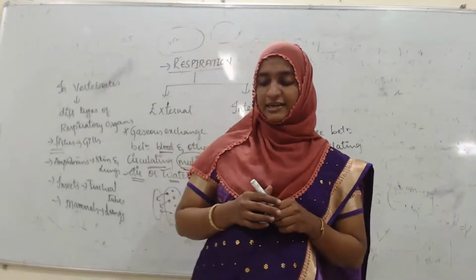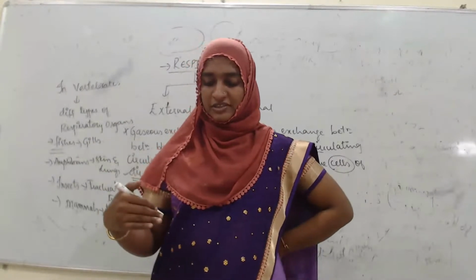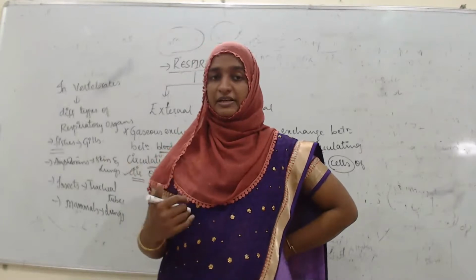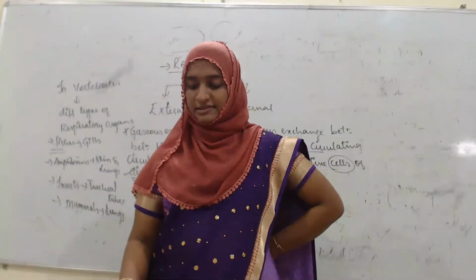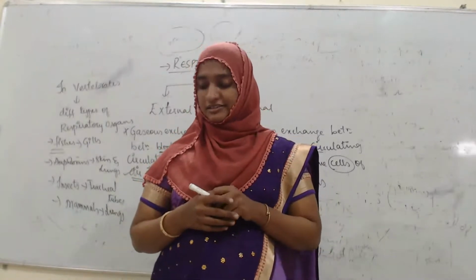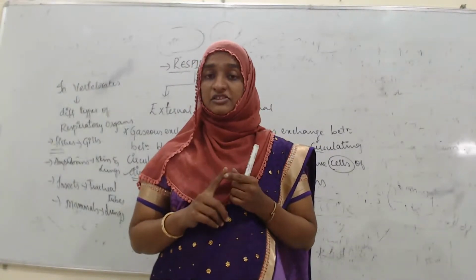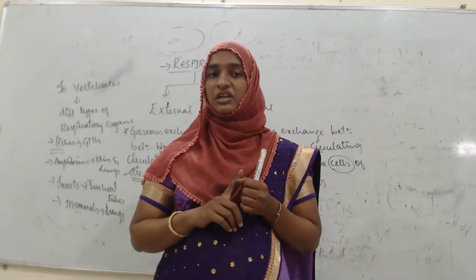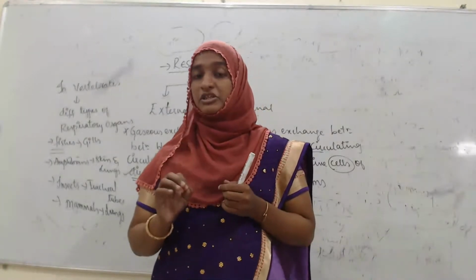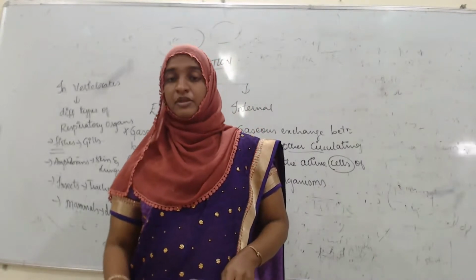Respiratory centers will discharge motor impulses which enter the intercostal muscles, which we will study further. So the intercostal muscles undergo contraction and relaxation, as do the ribs, thorax, diaphragm and lungs. All these are associated with the respiration center in the brain. So this is about the respiration.